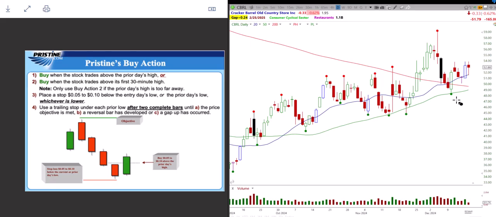And you want it to give you an entry point, and you want it to be so exact. And this pattern being what it is, I explained in a prior video, the topping tail rejection, the sloppiness of how it traded, the angle at which it came down.